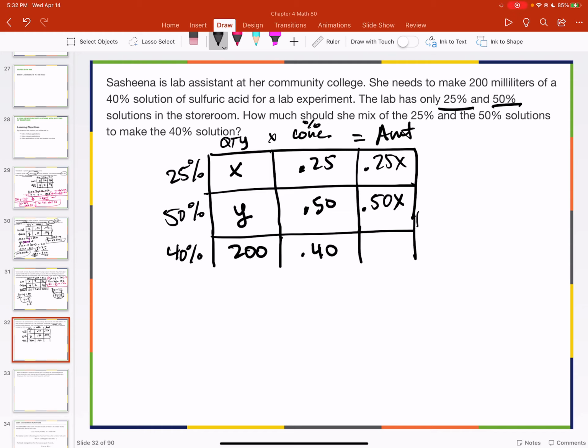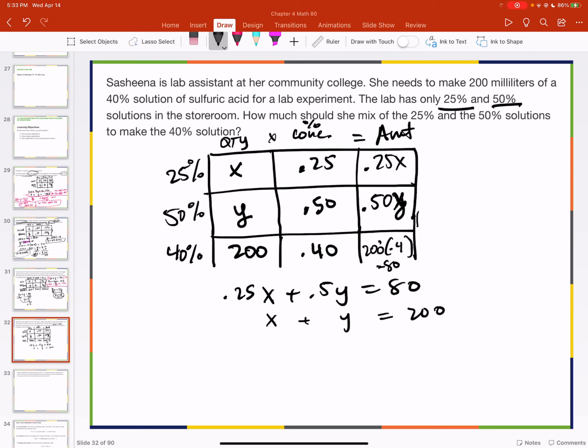Sorry, that should be 80. So I'm just going to write it here, times 0.4, 80. Okay, so we have two equations. We have 0.25x plus 0.5y is equal to 80. And then we have x plus y is equal to 200.